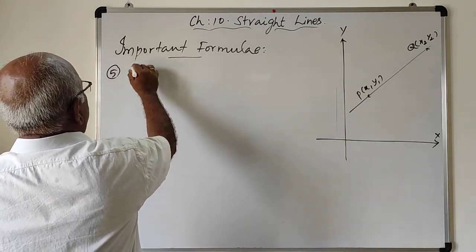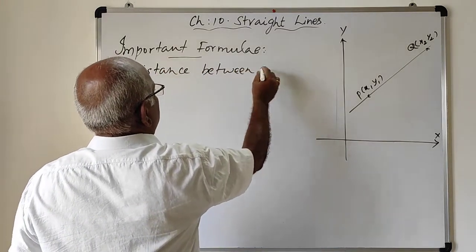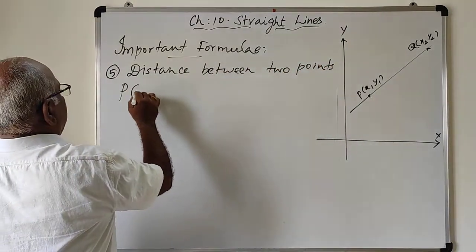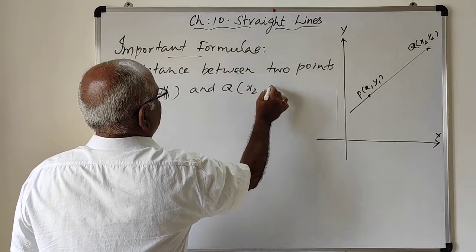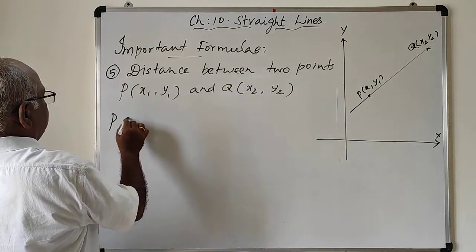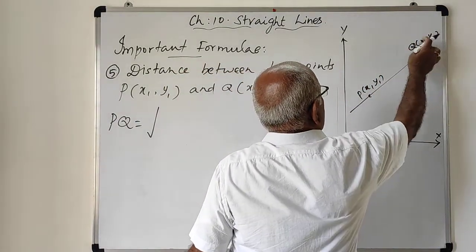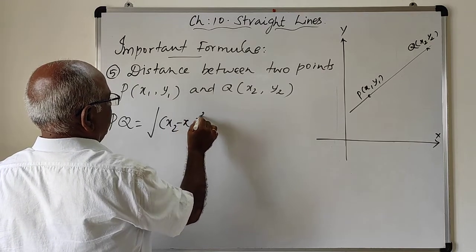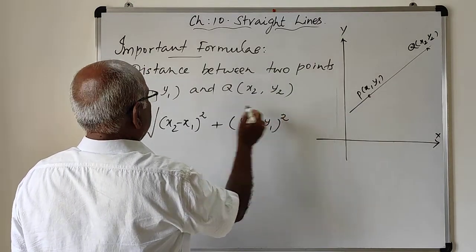The distance between the two points P (x1, y1) and Q (x2, y2) is given by PQ equal to the square root of the difference of x coordinates, (x2 minus x1) whole square, plus the difference of y coordinates, (y2 minus y1) whole square.